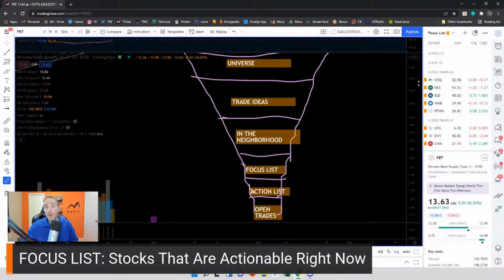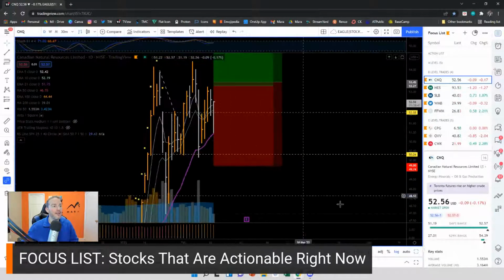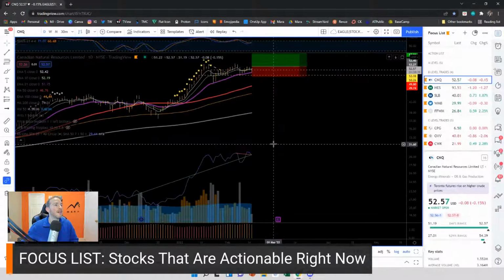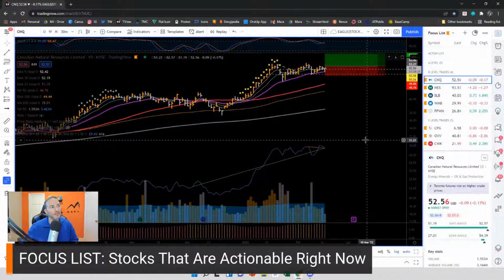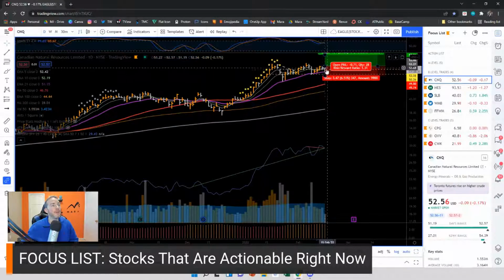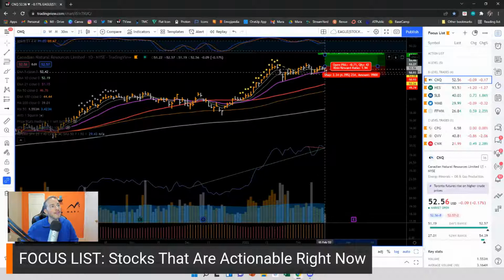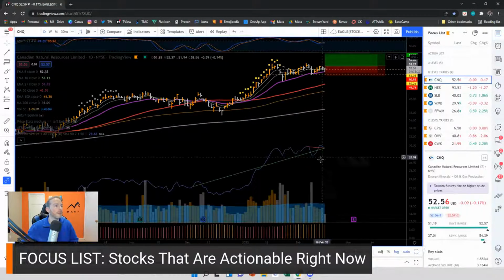So on the focus list, right now we could talk about the stocks that were actionable, but none of them were trades that I'd want to take. The best were like B-level trades. You might say, well, Mike, why is this one a B-level trade? Well, now it's actually tightened up to the point where maybe, like today, after the close, I'll do a little bit more work on this and take a closer look.